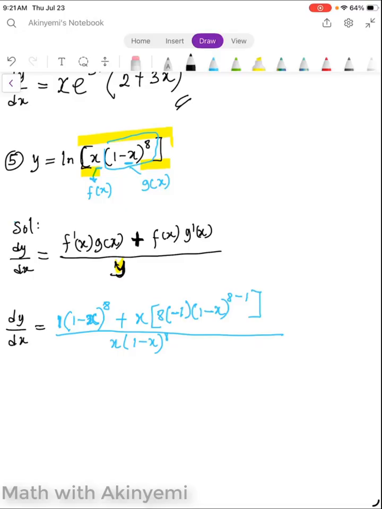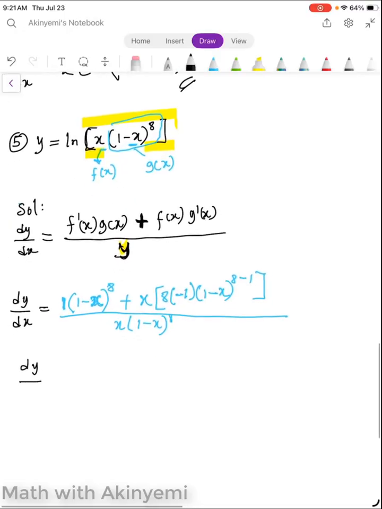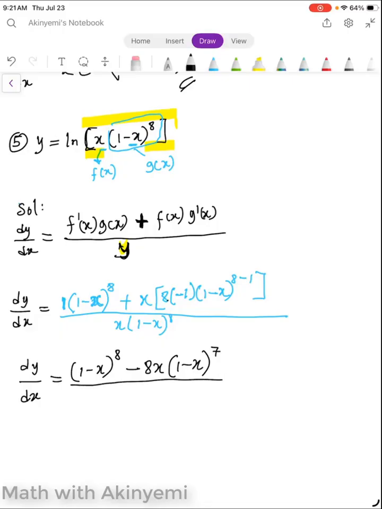So you can come down to say dy over dx is equal to 1 minus x raised to power 8 minus, because this one is going to be minus x times 8 times minus 1, is going to be minus 8x into 1 minus x raised to power 7, all over x into bracket 1 minus x raised to the power of 8. We can leave it like this, but we can still break this down as well.